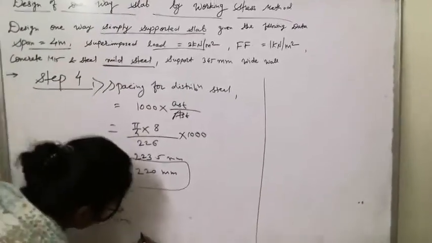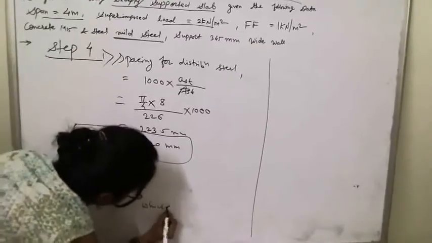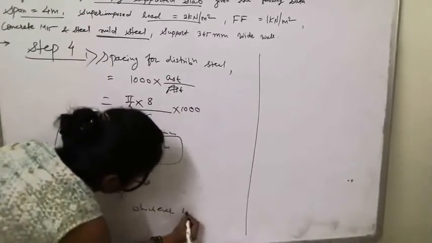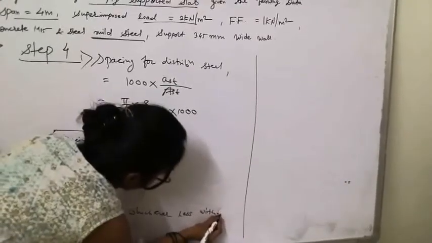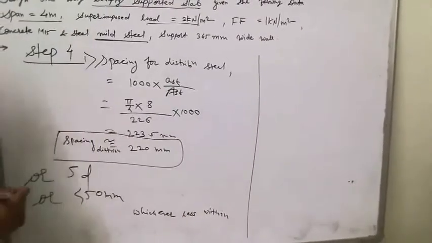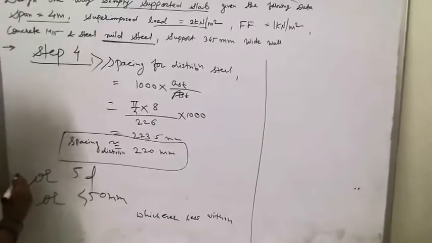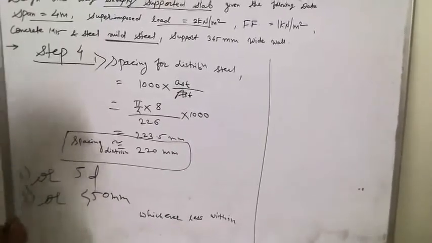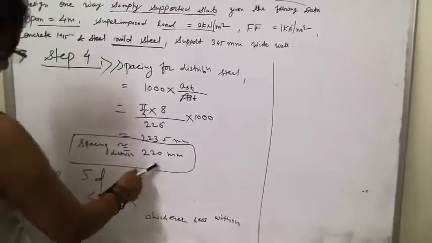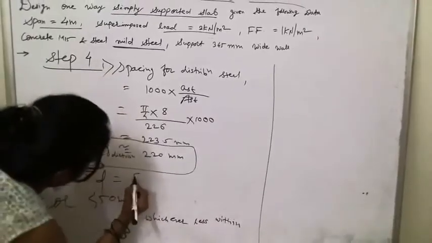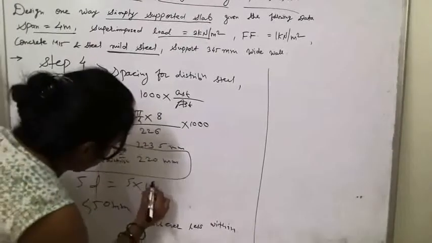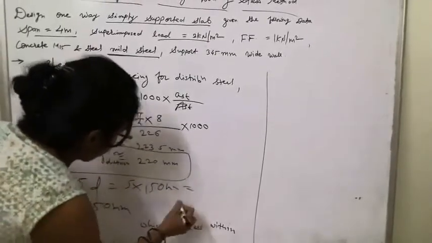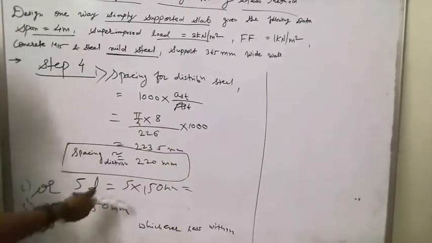Whichever is less within first, second and third, that value we have to take as the spacing. If we take 5D, 5 into D, D what is it? D is 150. Calculate the value.